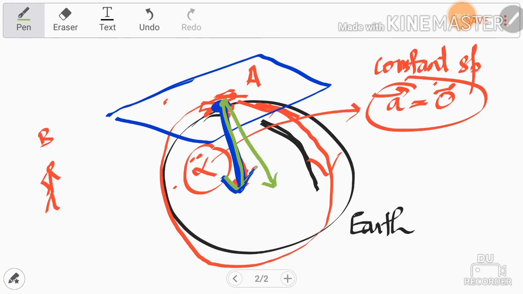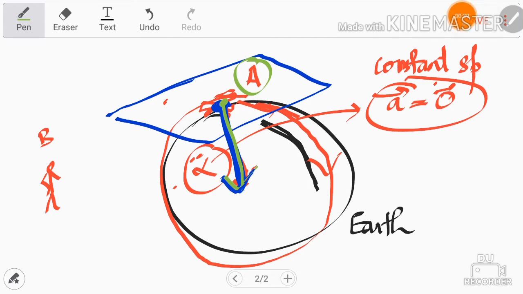If it were a little tilted, it would have had a tangential component, but since it is normal, it has no tangential component, and hence the acceleration of Mr. A as perceived by Mr. A is equal to 0.